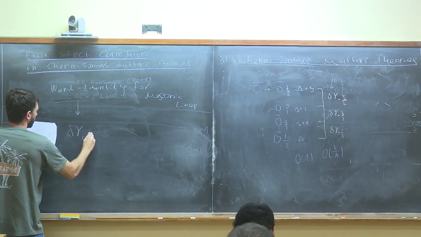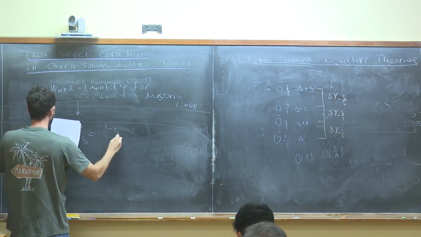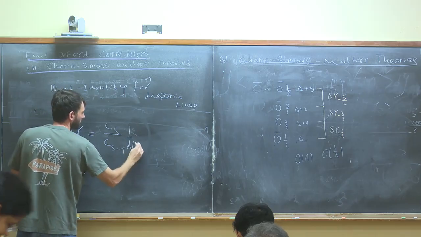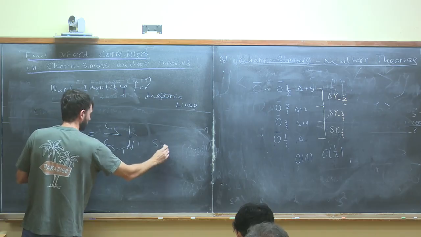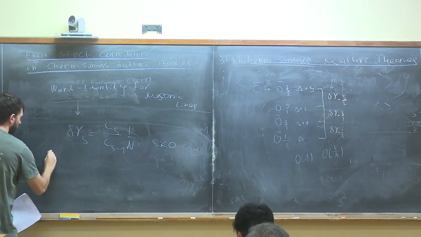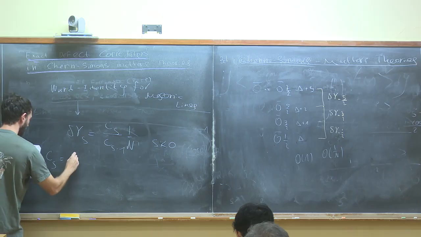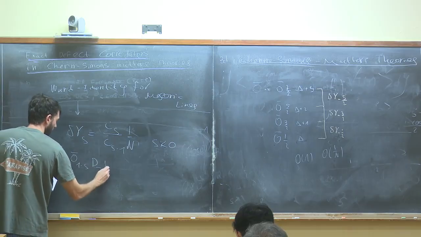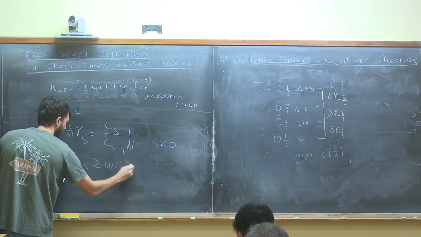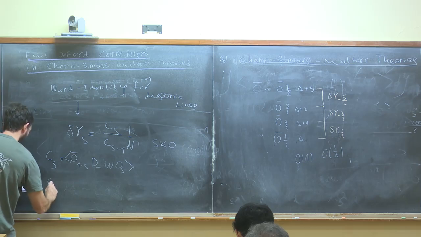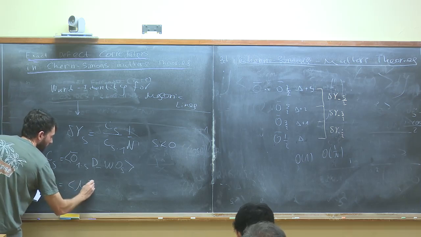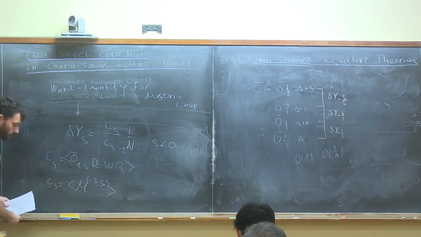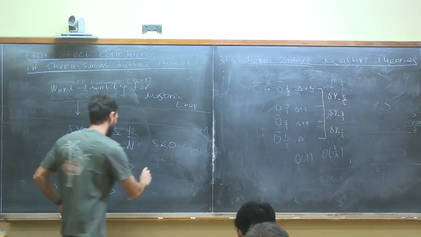Delta gamma S is CS over CS minus 1, with 1 over n here, where S is negative. And what is CS? CS is the 3-point function O bar 1 minus S, D minus W, OS, and CS is M minus S S. So this is a 3-point function on the line.